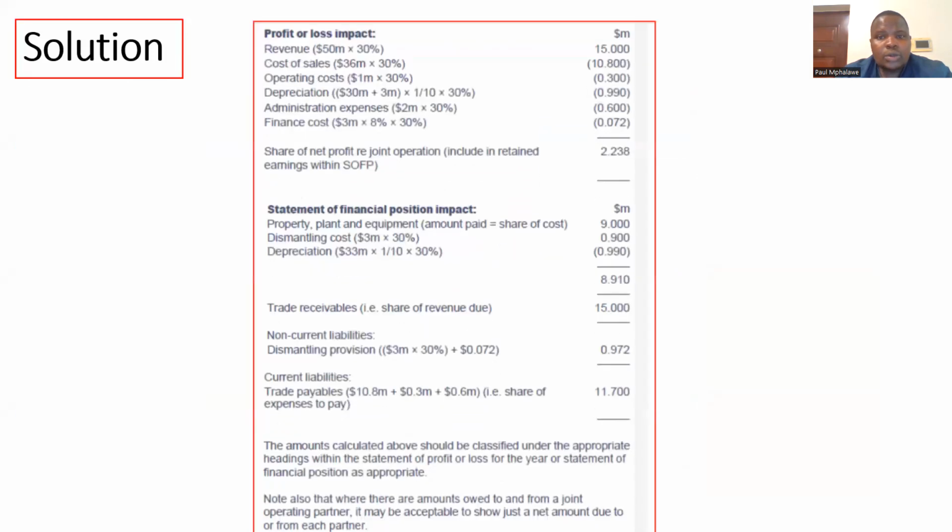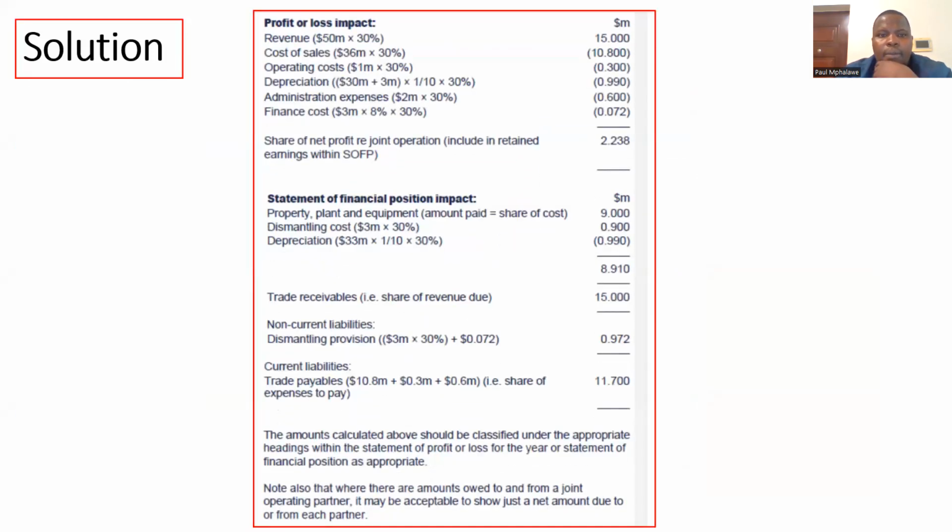So let's check the solution. Okay. There is our 50 million with a share of 30%, 15, 10.8, and so on and so forth. Statement of financial position: 9 given, dismantling cost as calculated, the total 8.9, receivables 15, and dismantling cost 0.79 as given.